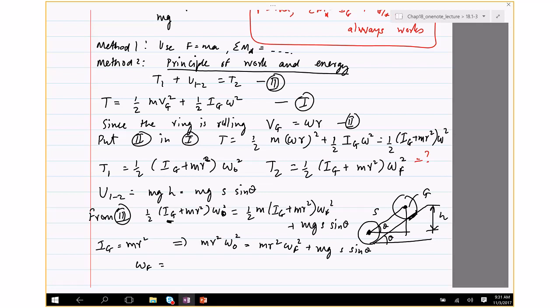I think I made a mistake here. So it's T1, that's right. And then it should be plus U12. So this should be on the other side. So we'll rewrite this.